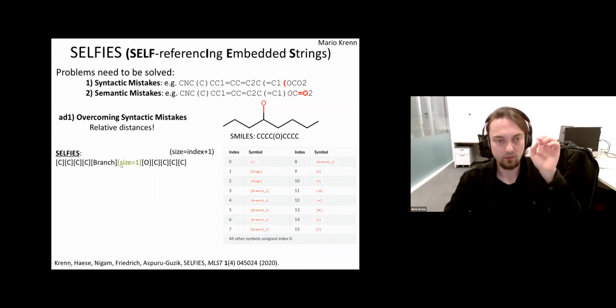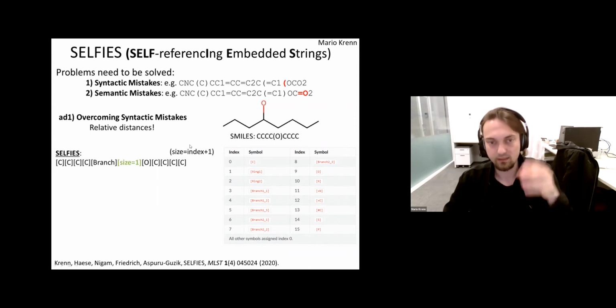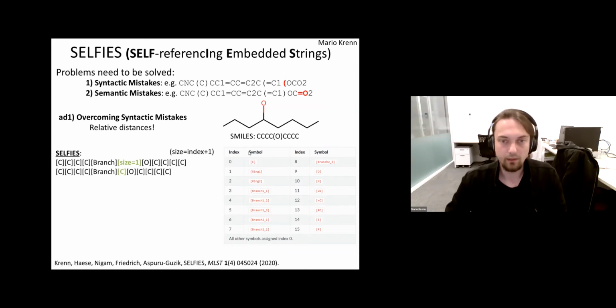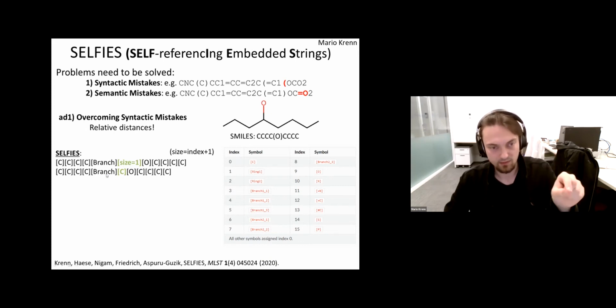The next symbol gives the size as its index plus 1. In this case, the index of C stands for 0, 0 plus 1 is size 1. So this carbon says there's a branch with size exactly 1. This 1 is this oxygen that comes after the number.